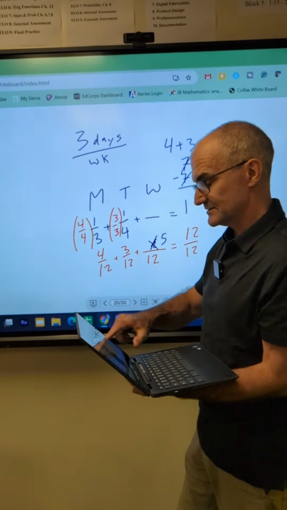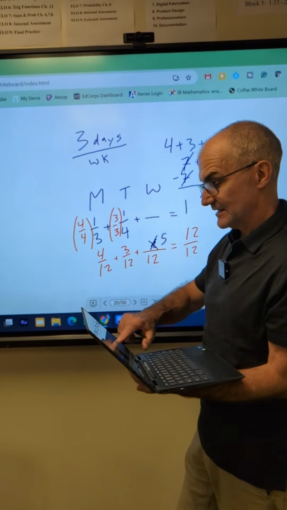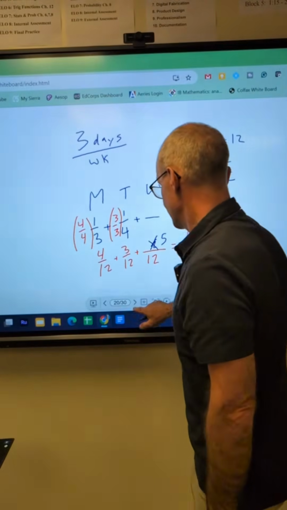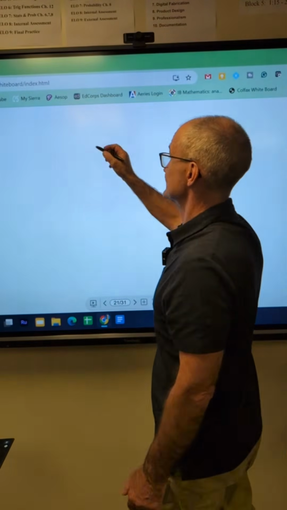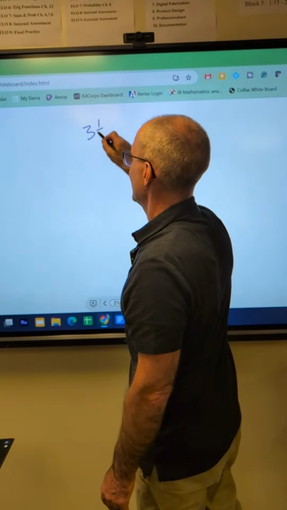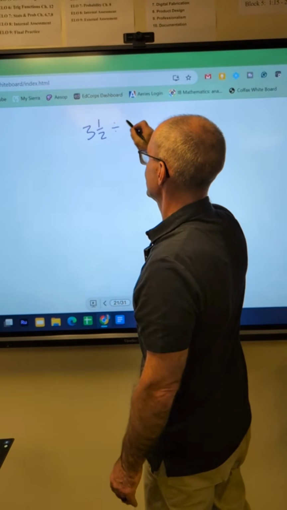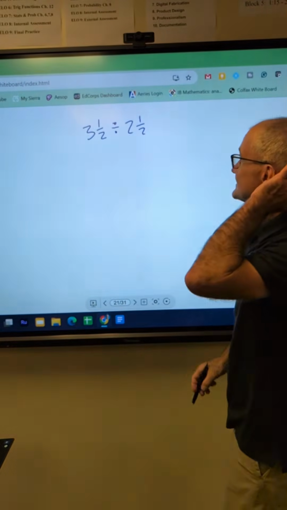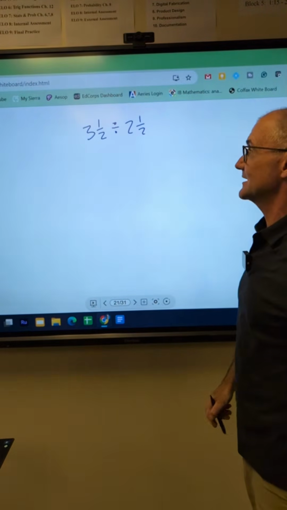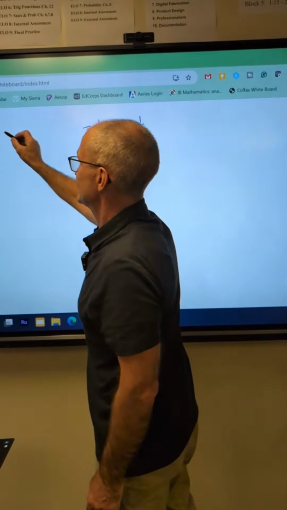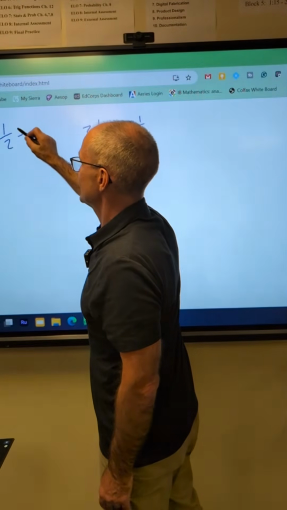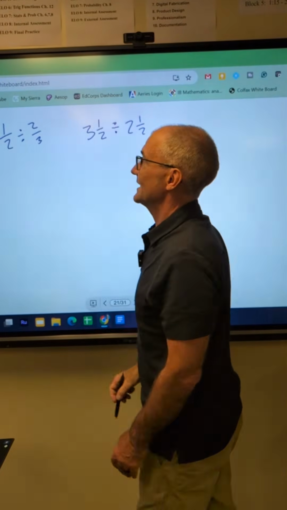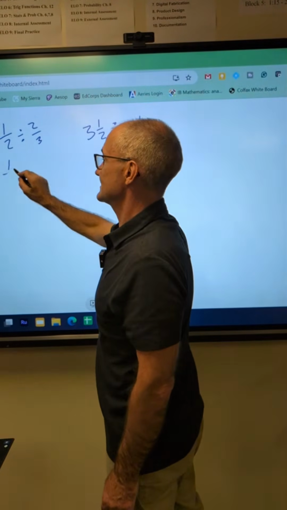How do you divide mixed fractions? Oh, that's a great question. So if I have 3 1/2 divided by 2 1/2, that's kind of a hard problem. Let me do a couple of little pre-problems before I do that hard problem. If I have 1/2 divided by 2/3, the way I divide fractions, I keep that front fraction the same.